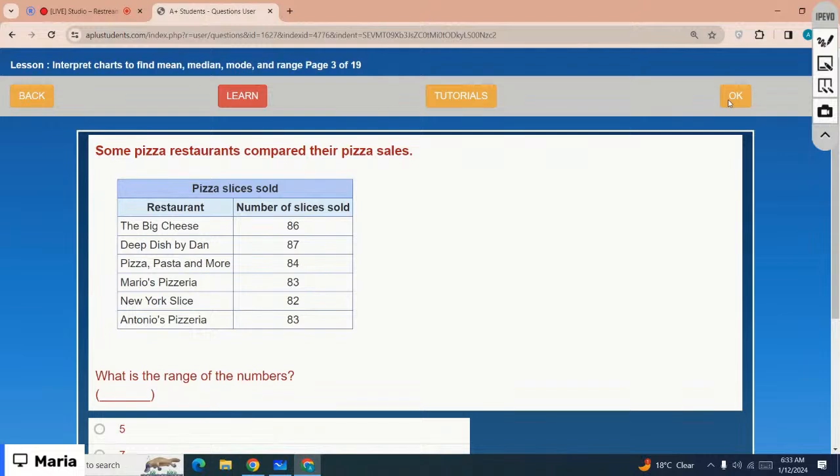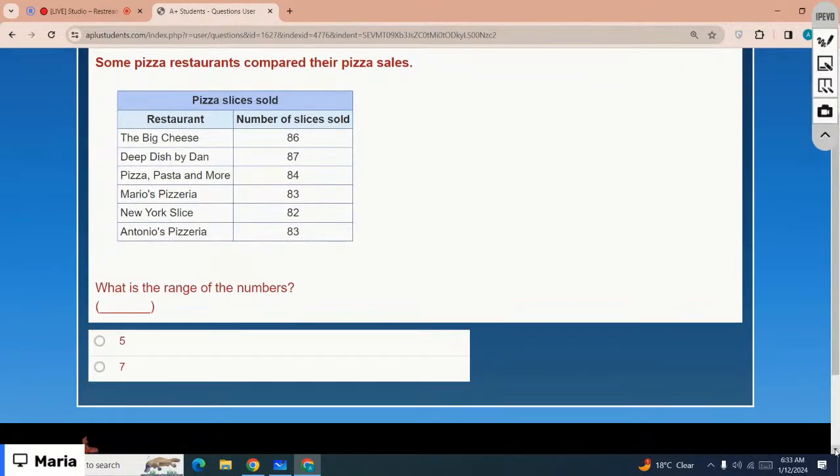Okay, some pizza restaurants compare their pizza sales. What is the range of the numbers? Which is the correct option?